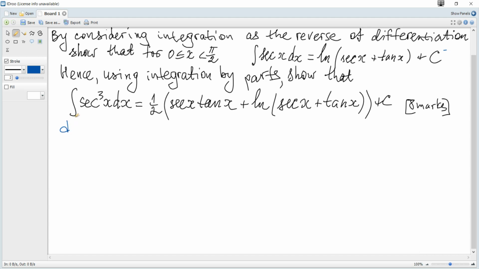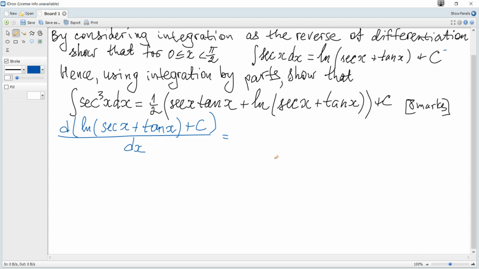So the derivative of ln(secant x plus tangent x) plus a constant, over dx, is equal to the derivative of ln plus the derivative of the constant, which is equal to 0. So we need just the derivative of ln, and we can see that there is no power, but there is a more complicated argument, and we should use the chain rule.